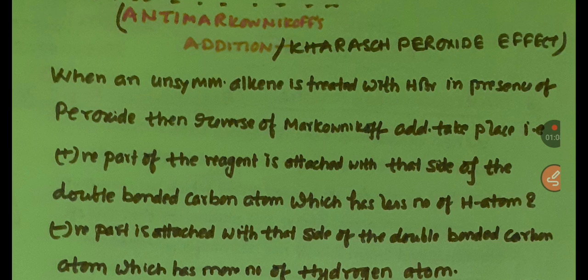This is said to be anti-Markovnikov addition because it is just reverse of Markovnikov addition, and the reaction occurs only in presence of peroxide. It was first of all introduced by Kharasch, therefore it is also known as Kharasch peroxide effect.